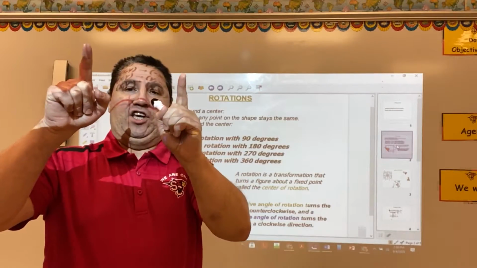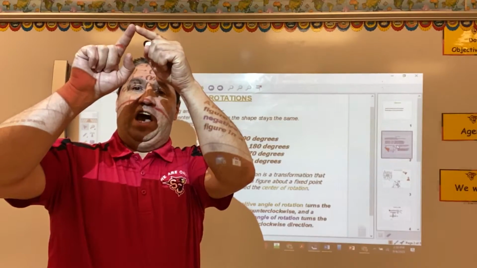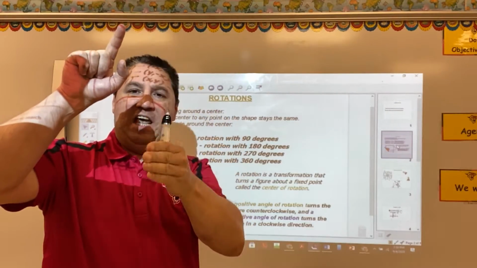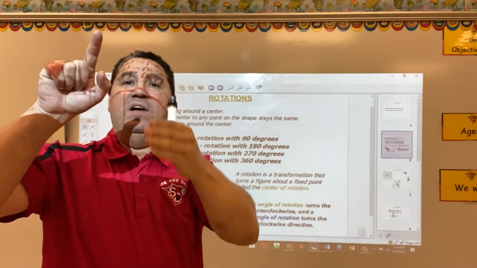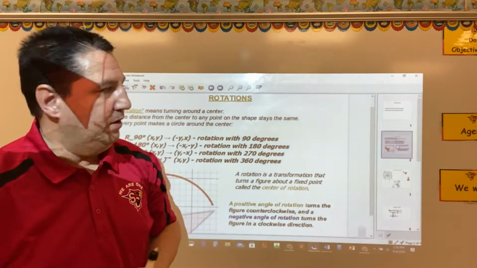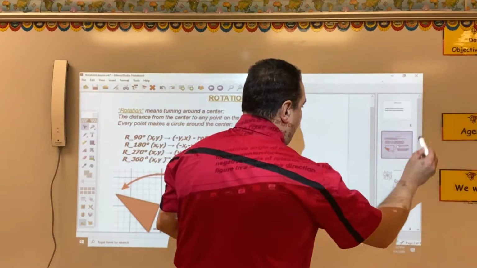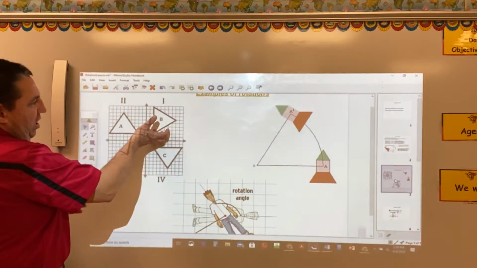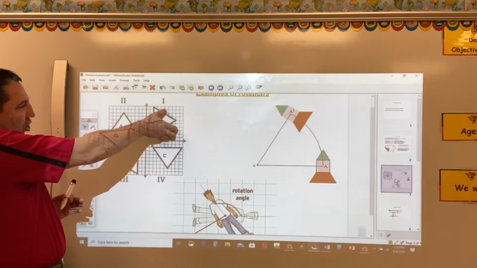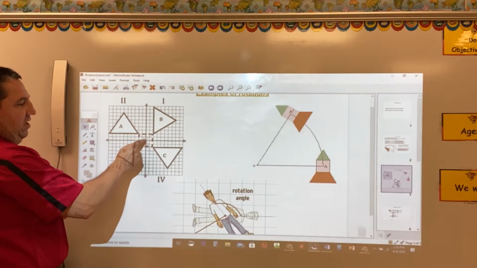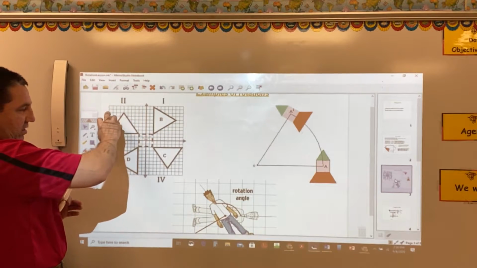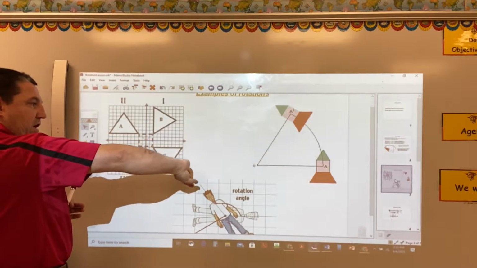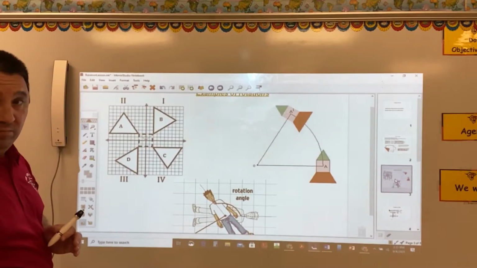During rotation, each point on the object stays the same distance from the center of rotation. Examples of rotations: in this case, we rotated this triangle around the origin counterclockwise.